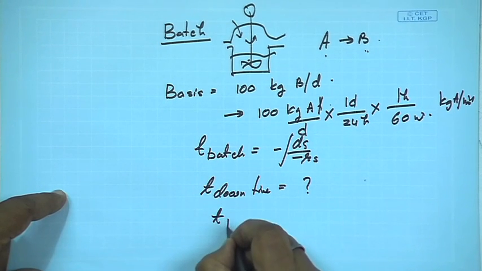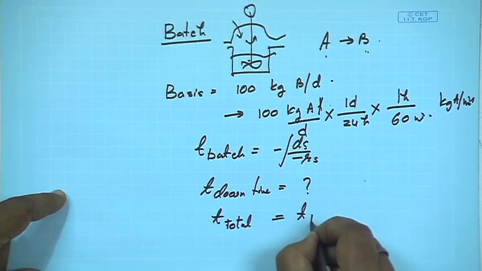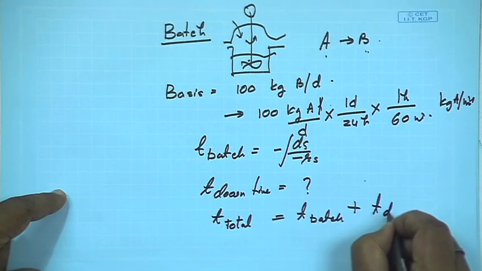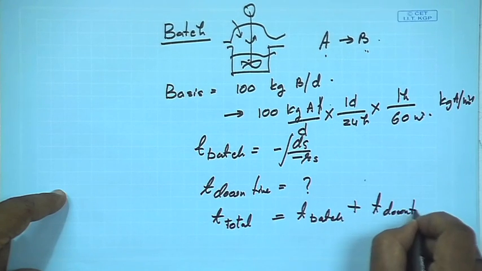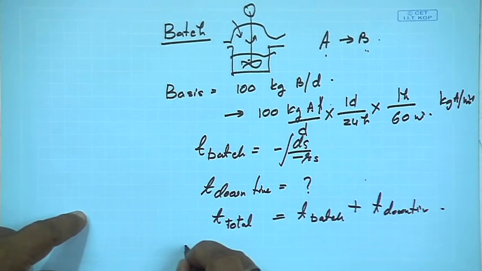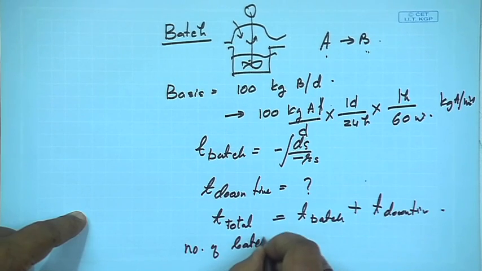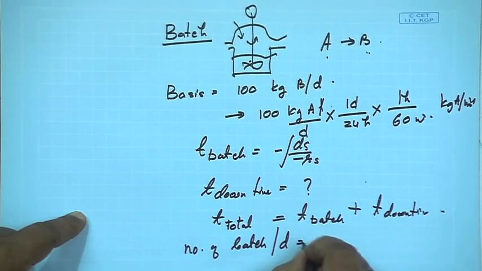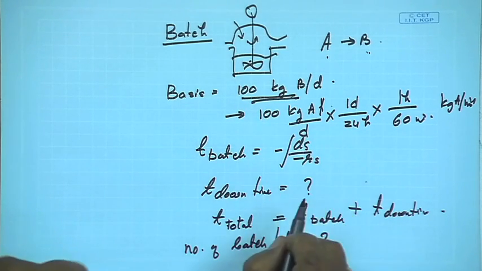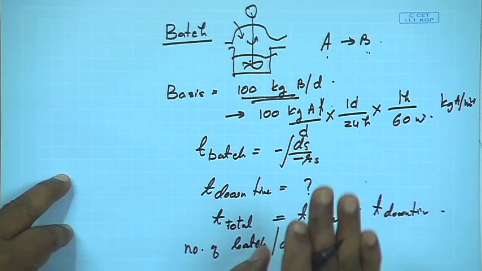The total time T total will be what? T total equal to T batch plus T downtime. Why is it required? Because I want to find out how many batches per day there will be, and this amount you have to convert not with respect to per day, but with respect to per batch.